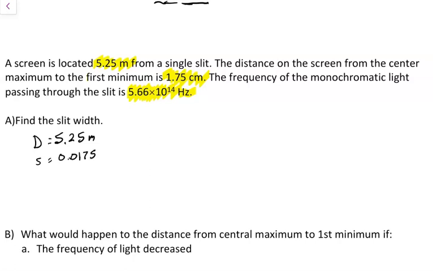I have a frequency, which is not a wavelength. We need to get to theta equals lambda over b, which equals s over d, using these given values. Go ahead and work through this. I'm going to pause it, work on it, and show you.